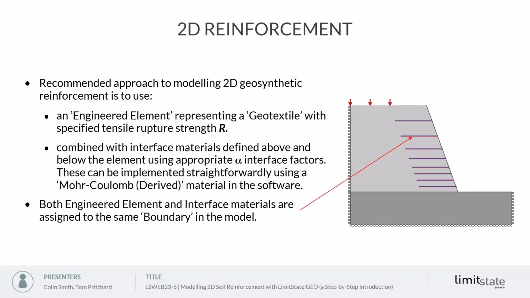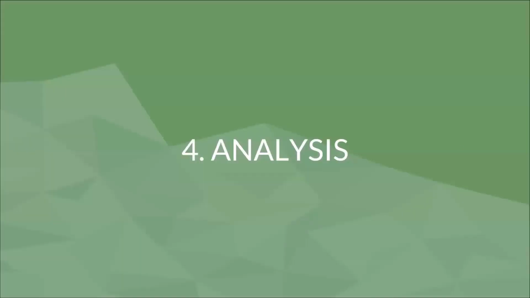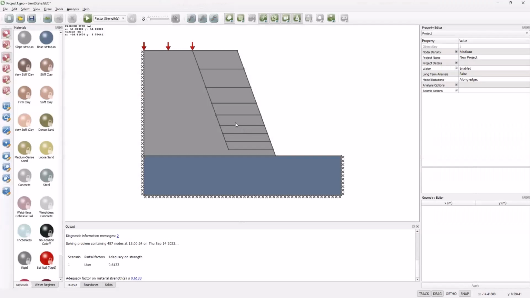We do that using what's called a derived material. I'll show you how that's done in a moment. And we assign them to the boundary where that reinforcement is. So just to remind you, we want a geotextile property: rupture strength of 14.4, adhesion factor of 0.8. So we'll jump back to the model and create those properties.